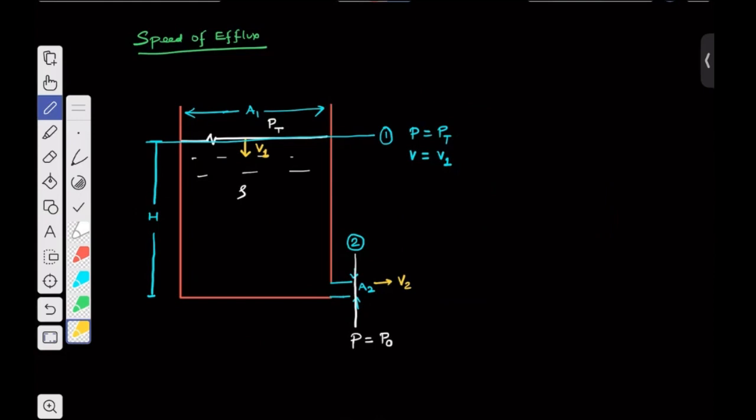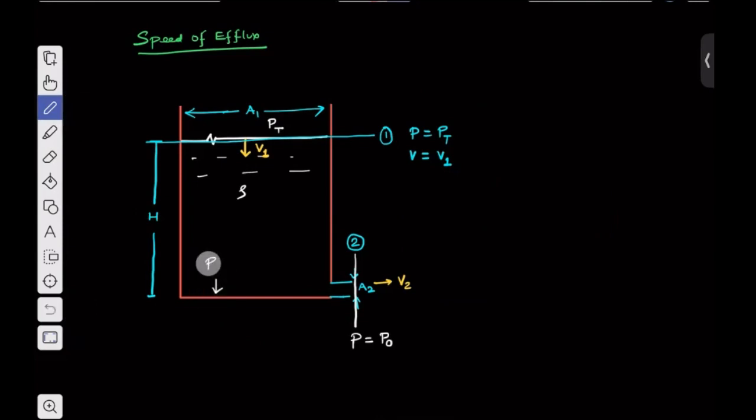Next, we must consider a reference level. I will take the opening as the reference for the gravitational potential energy. The opening is not very large, so the height of cross section A1 is going to be h, and the height of cross section 2 is going to be 0.